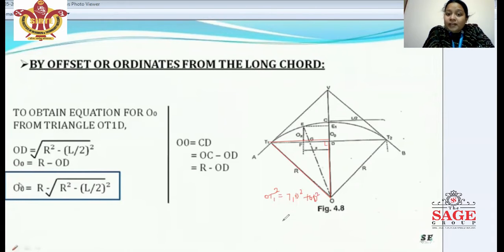Okay, so here you can see this OT1 equals R square. T1 equals T1D.